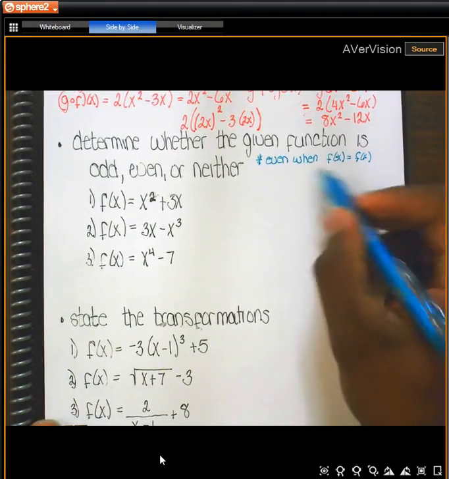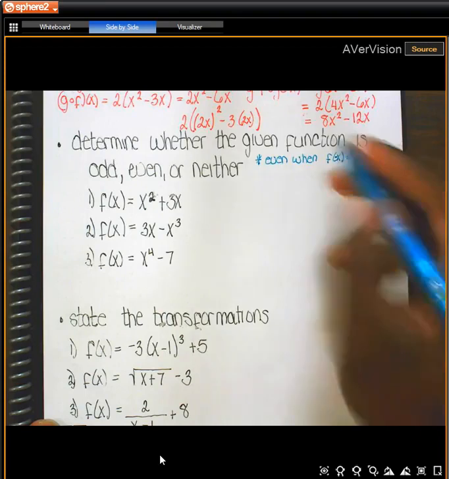Yeah, we know it's even if f of negative x is equal to f of x.